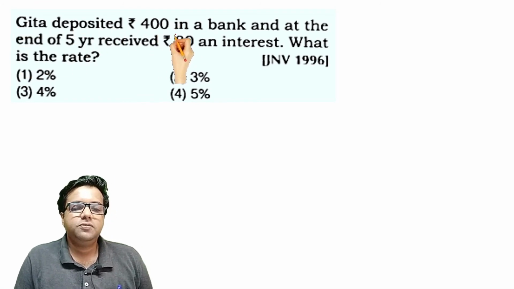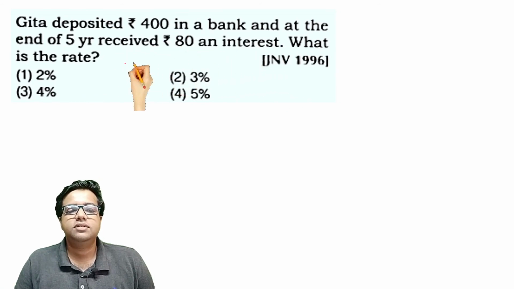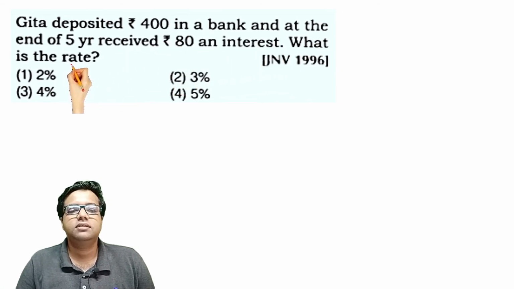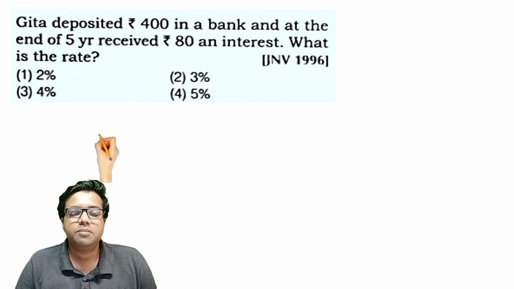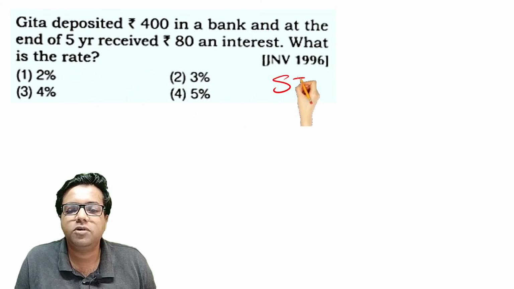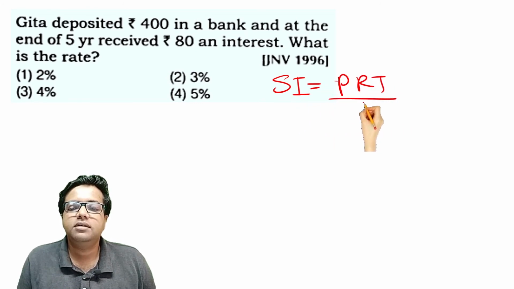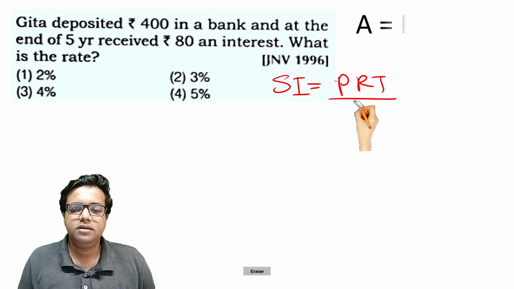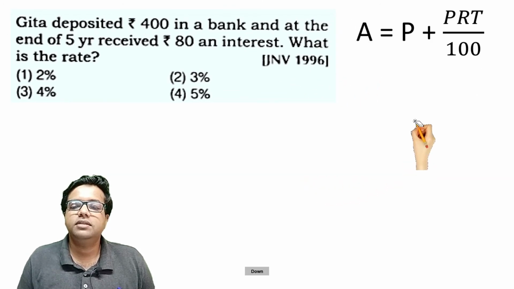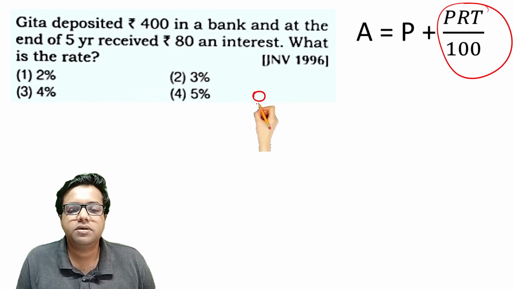Geeta deposited 400 rupees in a bank and at the end of 5 years received 80 rupees as interest. So what is the rate of interest in this deposit? That is being asked here. Simple interest formula can be used here. Simple interest is equal to PRT by 100. She received around 80 rupees as simple interest.